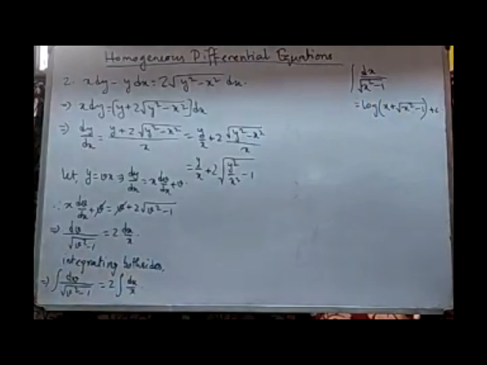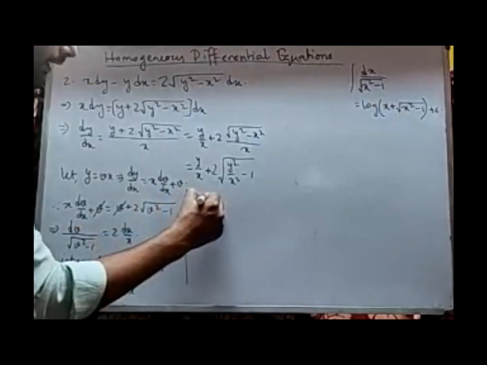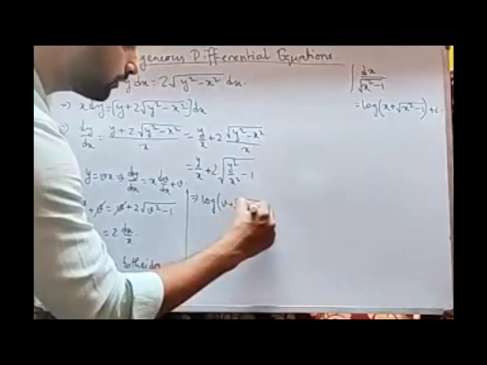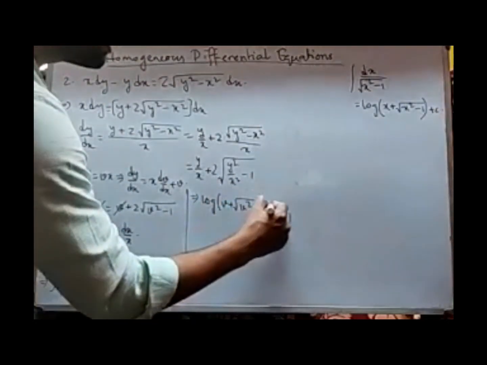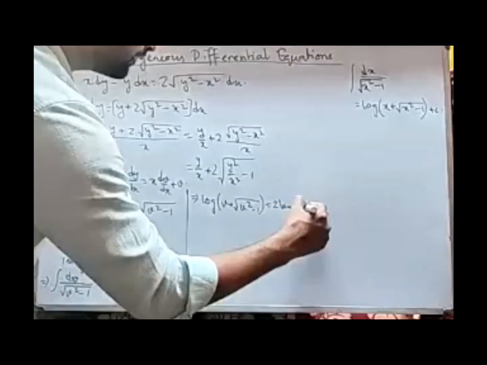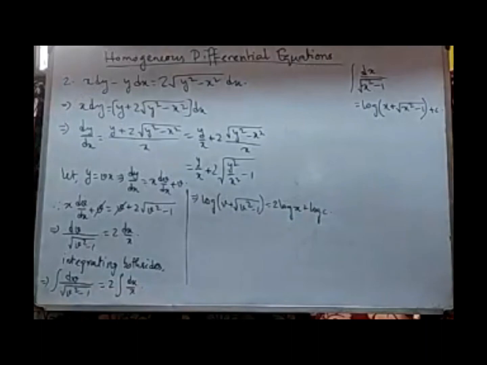This is the integration formula that we are applying here. Simply it implies log v plus root over of v square minus 1 is equals to 2 log x plus, again I'm taking log c because all the values are coming with log.